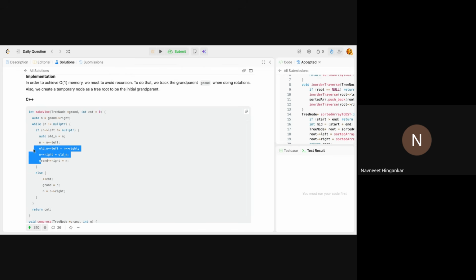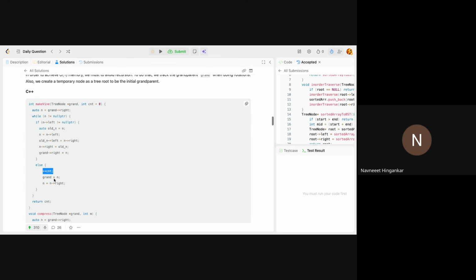So the moment we did the traversal, we shifted to left, and we know the left next address is that, so we are just trying to update that, and this plus plus count will get the total number of nodes in this linked list. Grandparent is equal to n, n equal to n right, return right, count.